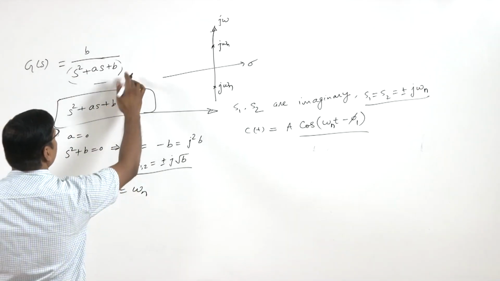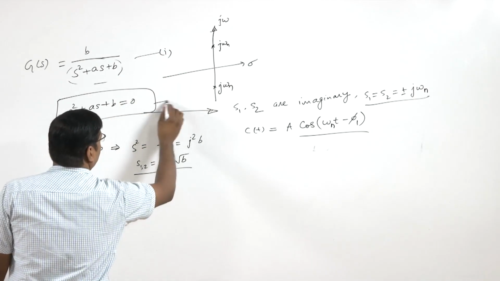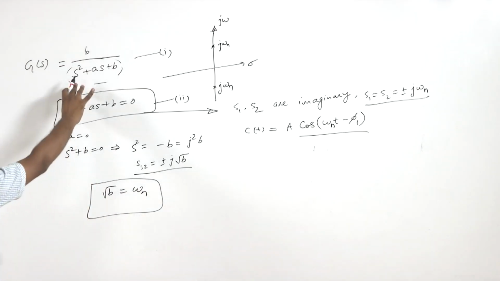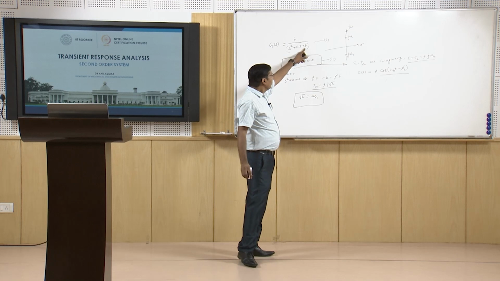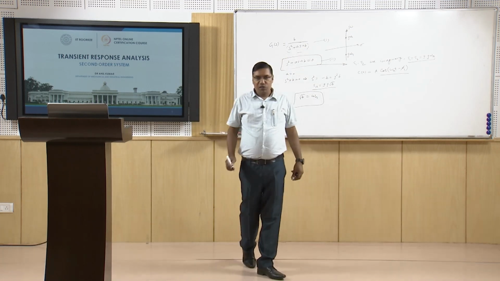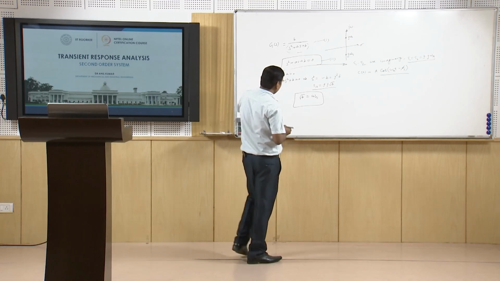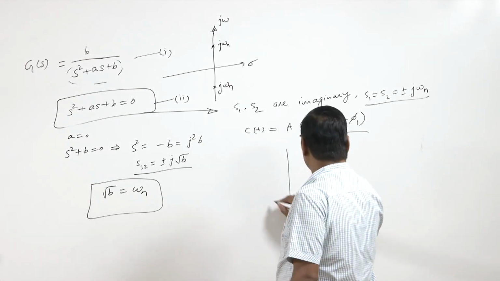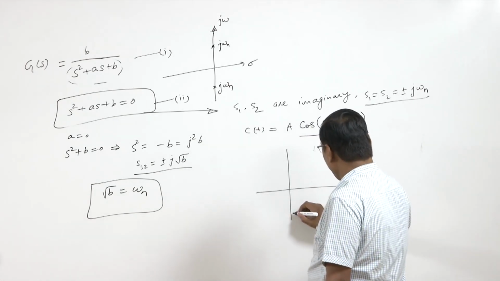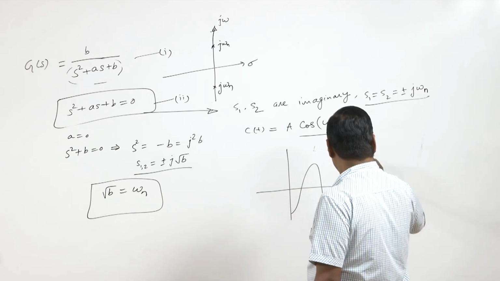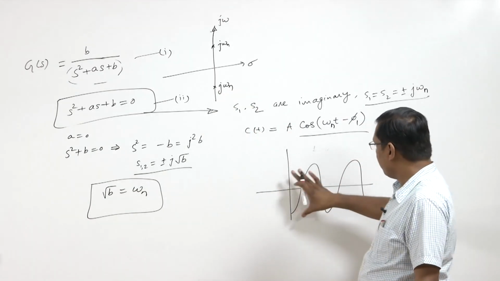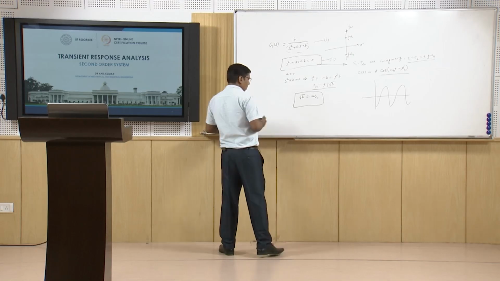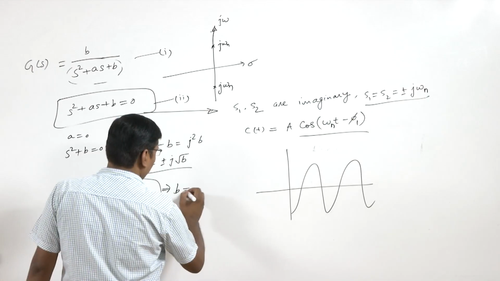If we link this to the transfer function, the constant term gives the natural frequency of the system when the poles are on the imaginary axis, and the system will oscillate with natural frequency omega n. Or we can say b equal to omega n square.